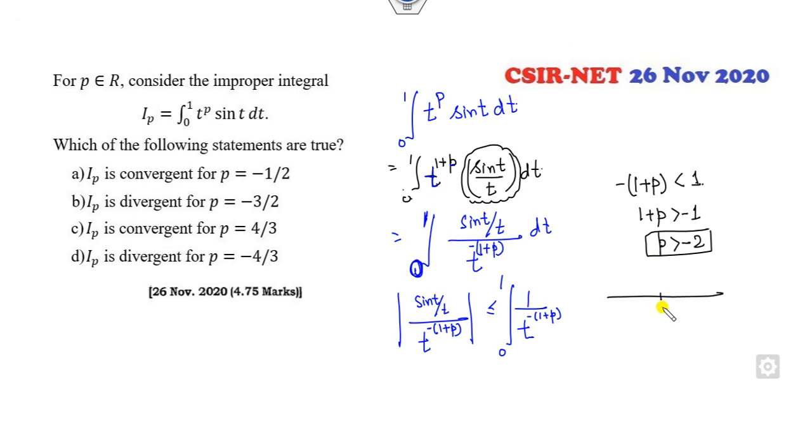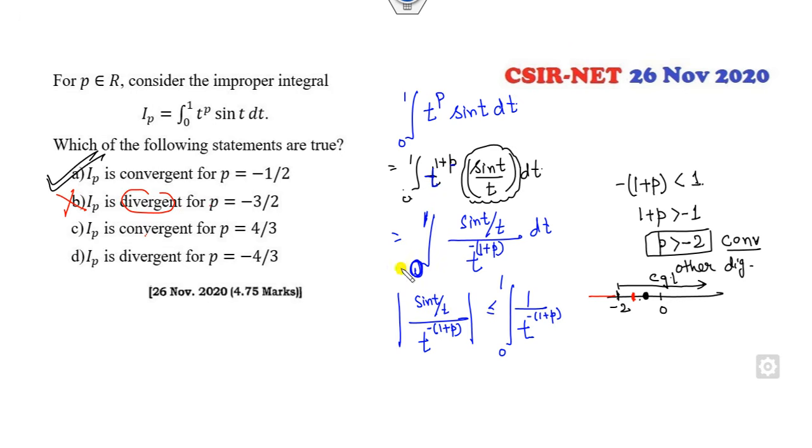Now look at that, this is 0, this is minus 2, this is my convergent region, otherwise divergent. Now p equal to minus half lies here, so it is convergent. Divergent for minus 3 by 2? Minus 3 by 2 lies here, so it is convergent, but he said divergent, so this option is cancelled.